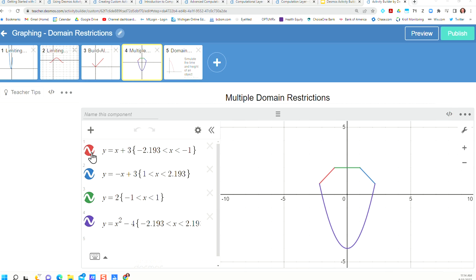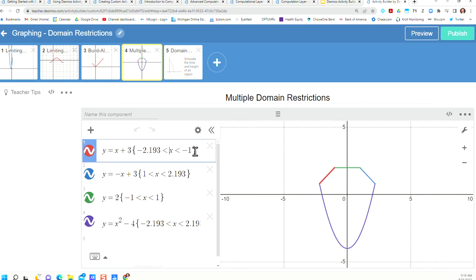Now, this first one in red is simply a linear equation, but I'm restricting it to be between x values of negative 2.193 and negative 1. Well, why are you coming up with negative 2.193? That's because I knew that this red line would intersect this purple parabola at negative 2.193. So knowing that, I set that as my lower limit for my domain restriction.